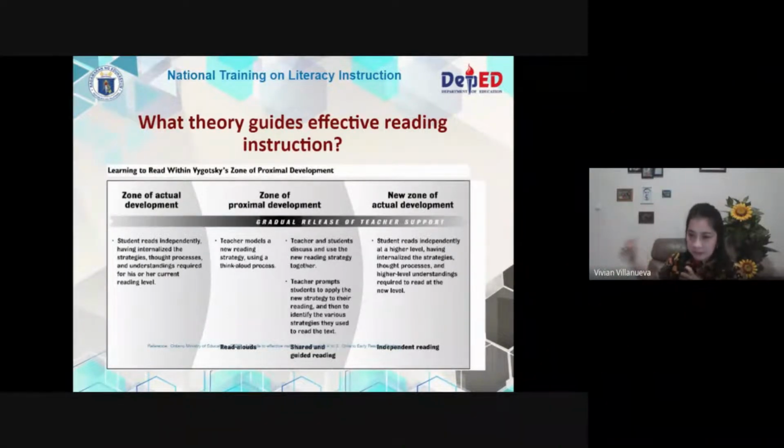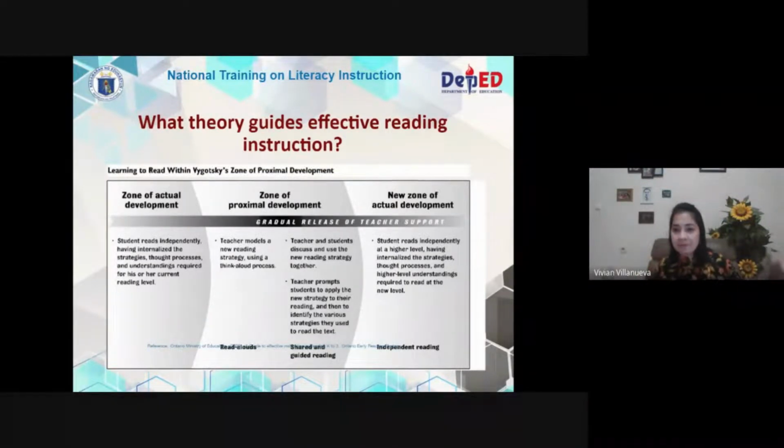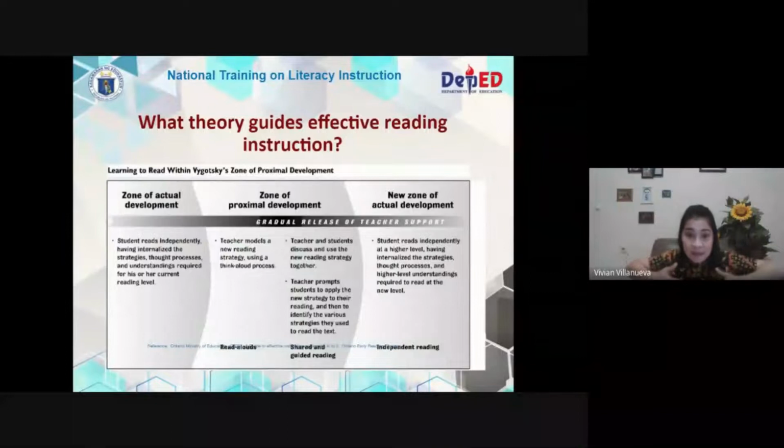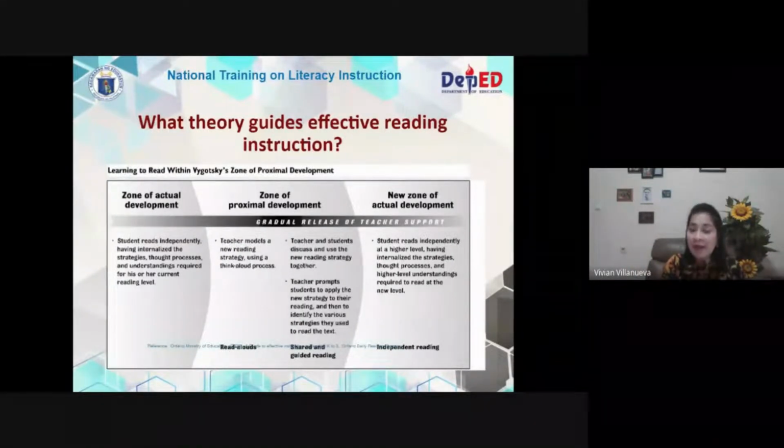You can do it, I'll be here, just do this, do that. And then we can extend your zone. Not only West Jakarta, you can already drive in the north, in the south. So that is extending. You have your new zone of actual development.